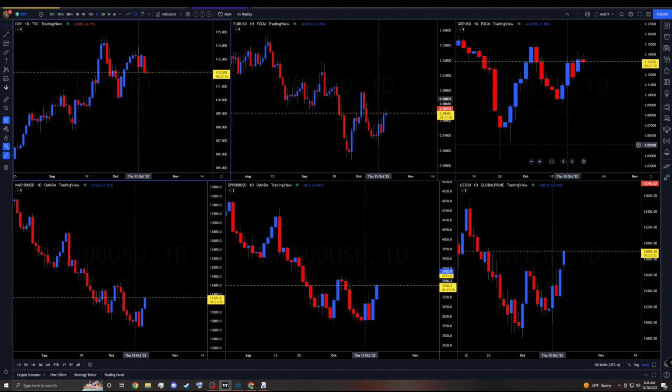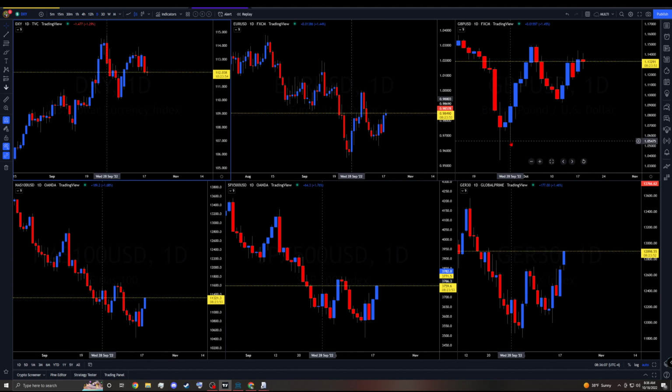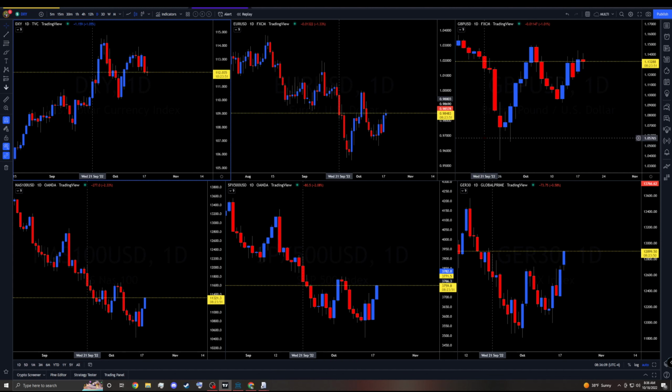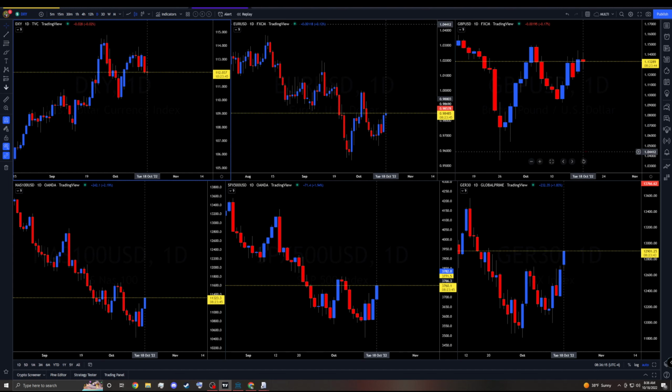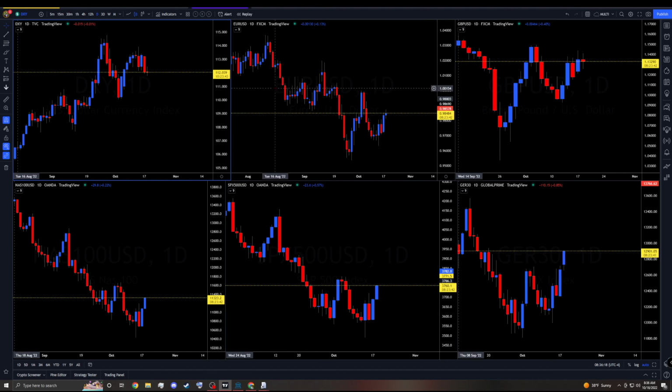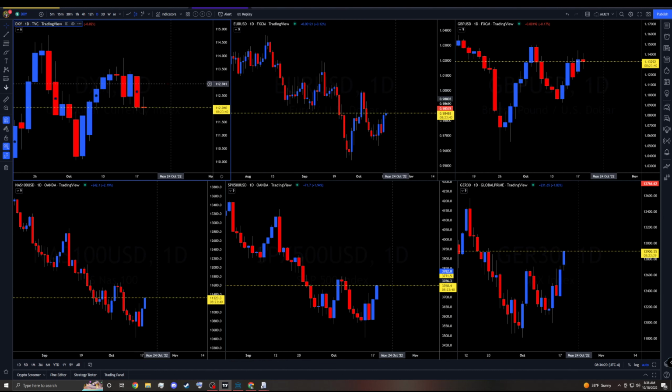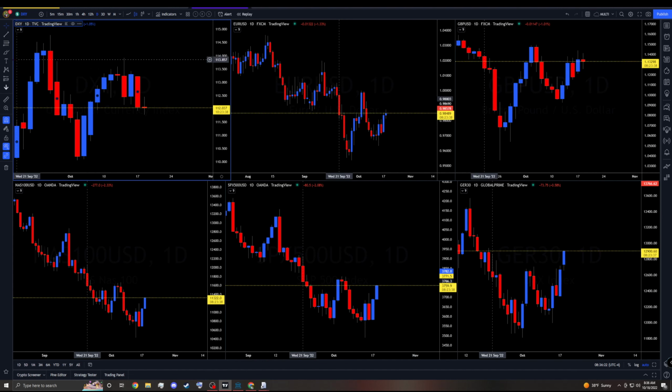Really, for me, the first thing I'm noticing from the jump is these two bearish candles on the dollar.